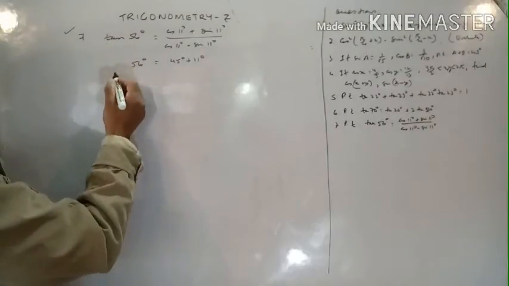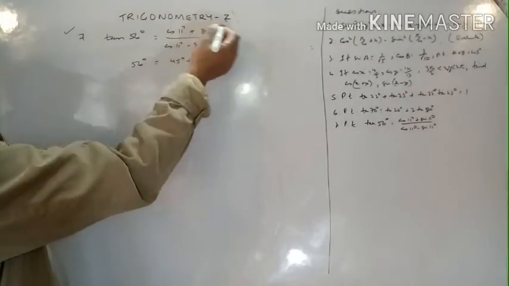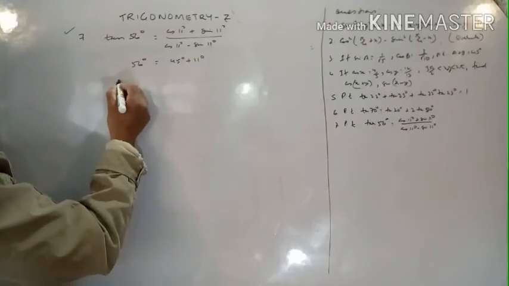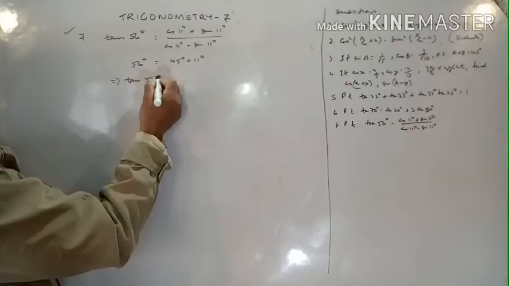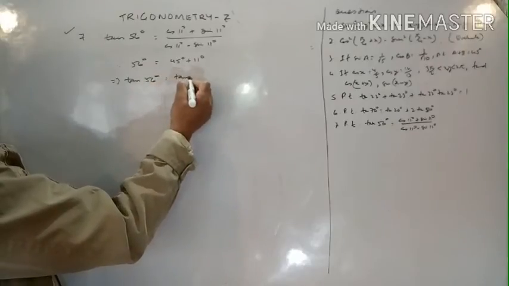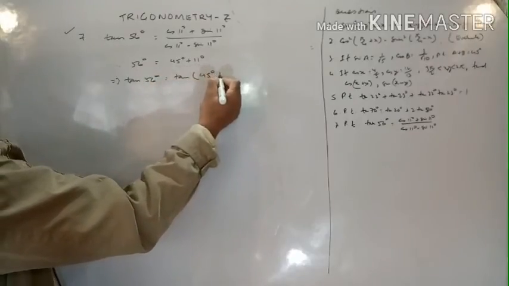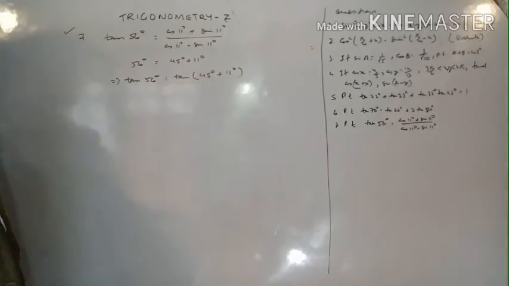Since tan is there, we take tan. We can easily get sin and cos later on from tan. So this implies tan 56 degree equal to tan of 45 degree plus 11 degree.